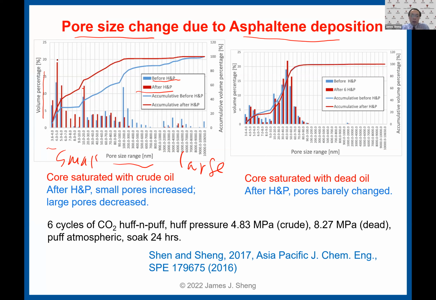Okay, I cannot say it is more serious. That means you have such a change in percentage from large pores to small pores. Remember, it is percentage. This solid curve is the cumulative.